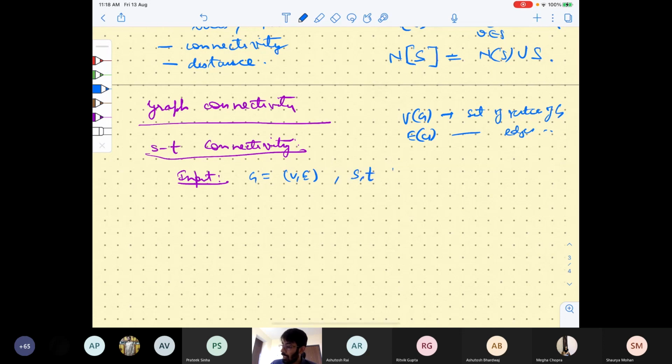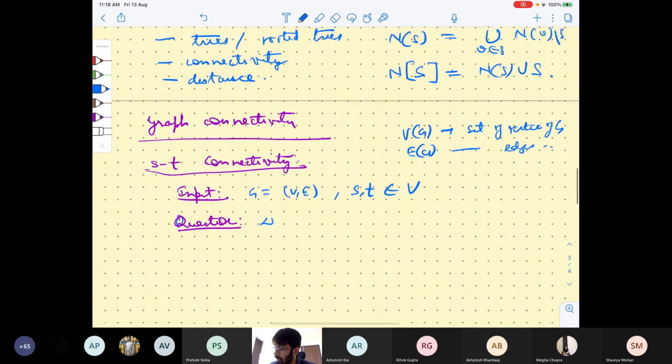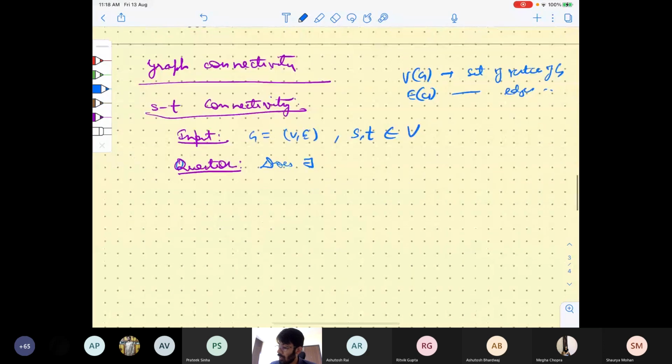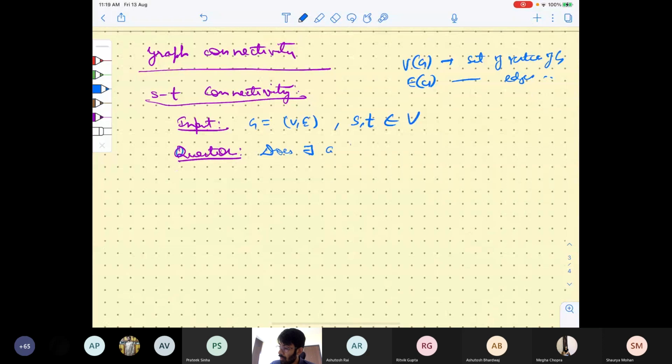And some S and T are given, belonging to V, and the output, or question rather, it's a yes/no kind of problem. So the question is, does there exist a path from S to T in G? Okay, so this is the question.